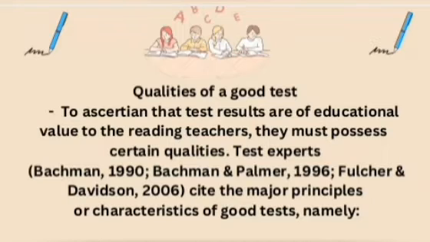These qualities imply that students should perform similarly or receive the same grade if they are exposed to the same questions at various times and locations. When a test consistently produces the same result across testing, it is said to be reliable.